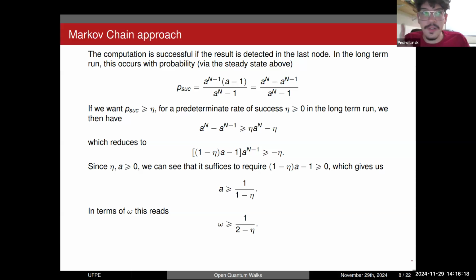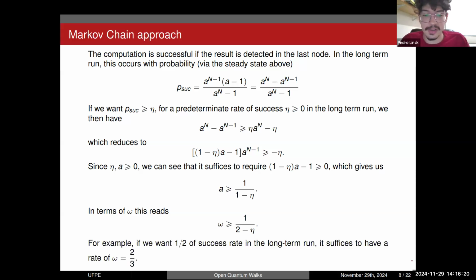So for example, if I want a probability of success of 1/2, you calculate and you have omega equal to 2/3. So if omega equals 2/3, even with 1 million nodes on your graph, in the long-term run, you have a probability of success of at least 1/2 on the last node.